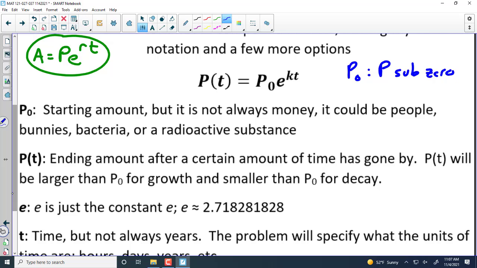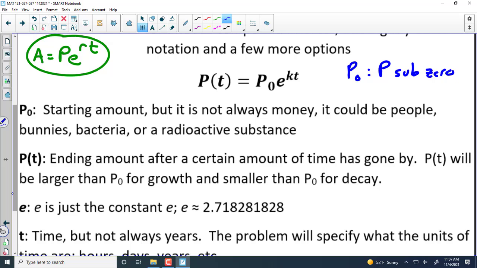We still have an ending amount. After a certain amount of time has gone by, we end up with a certain amount. However, in this particular section, sometimes we let our population get bigger, and sometimes we let it get smaller. So depending on the type of the problem, we're going to see either the ending amount be bigger or smaller than it was before.